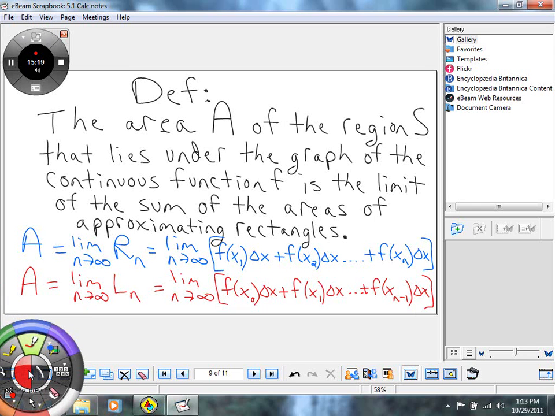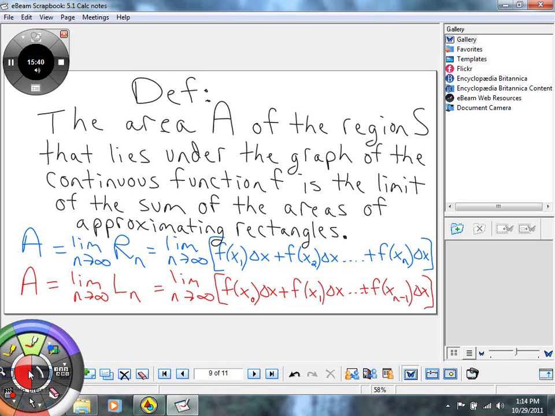Okay. So the area of the region S that lies under the graph of the continuous function is the limit of the sum of the areas of approximating rectangles. What this basically means is that if you want to find the area under the curve, it's going to be equal to letting your number of rectangles go to infinity.